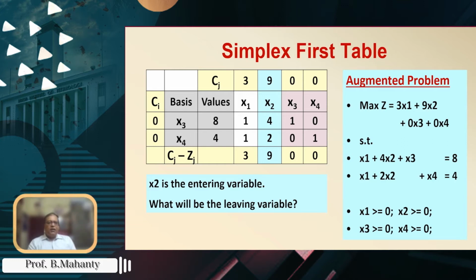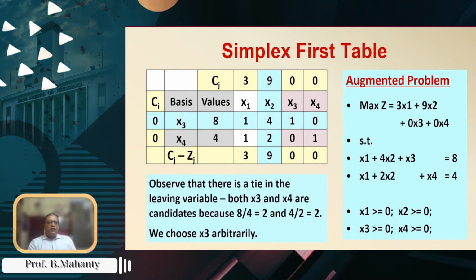All right, so this is exactly what is happening. So it has happened here. So observe that there is a tie in the leaving variable. Both x3 and x4 are candidates because 8 by 4 equal to 2 and 4 by 2 is also equal to 2. Now which one to choose? We choose any one. In this case, let us choose x3. So if we have chosen x3, x3 is the leaving variable, x2 is the entering variable.